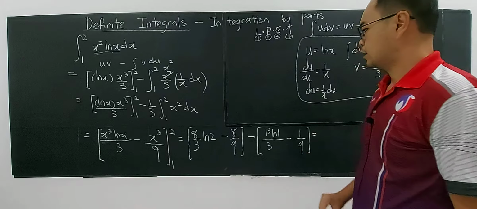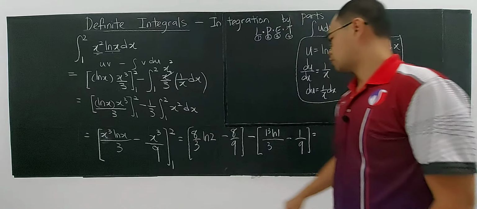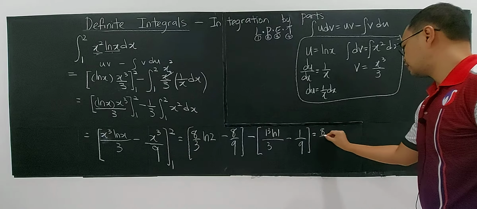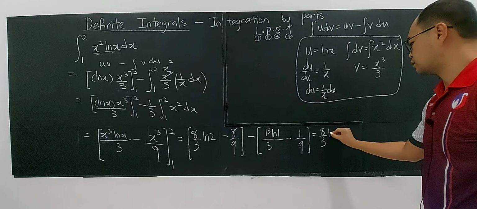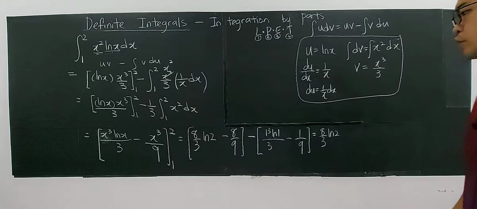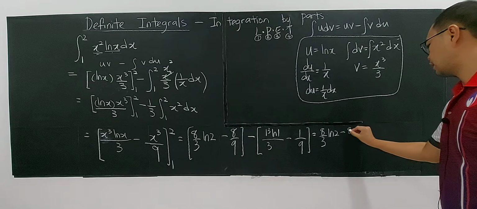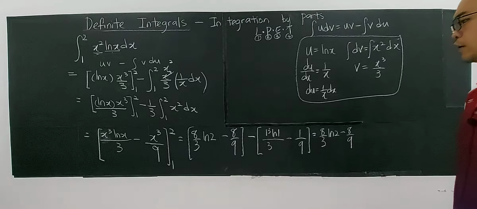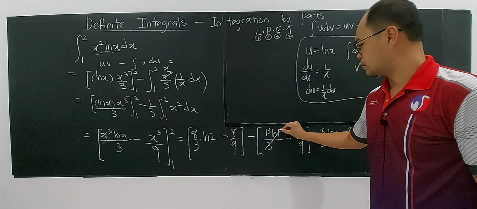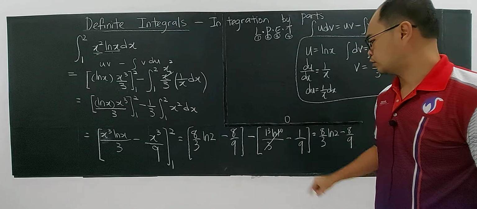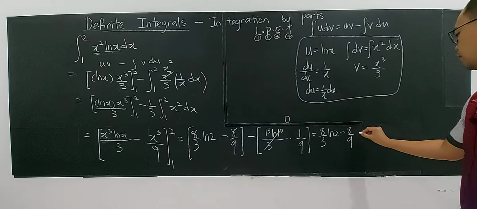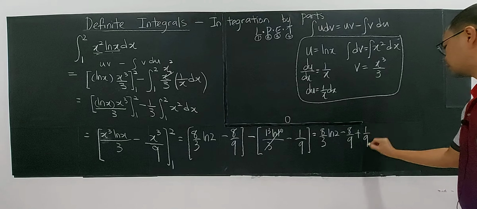Finally, it is better not to leave it in decimal form. If you can get the exact form, it's even better. So you have 8 over 3 ln 2 minus 8 over 9, and the ln 1 term turns out to be 0. Negative, negative gives positive 1 over 9.